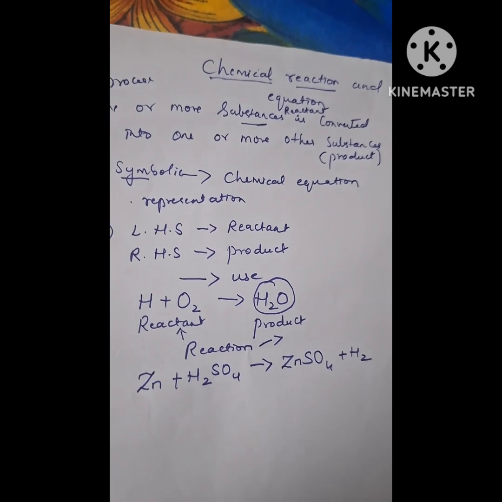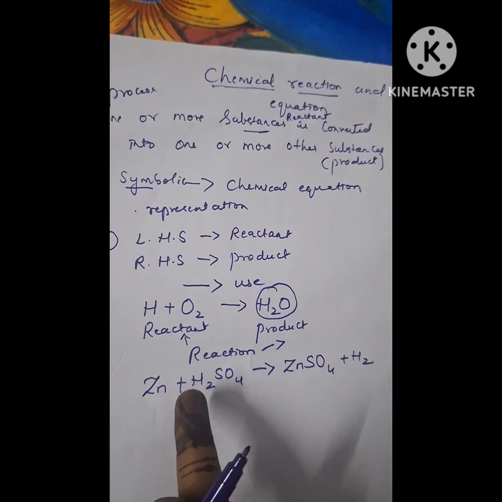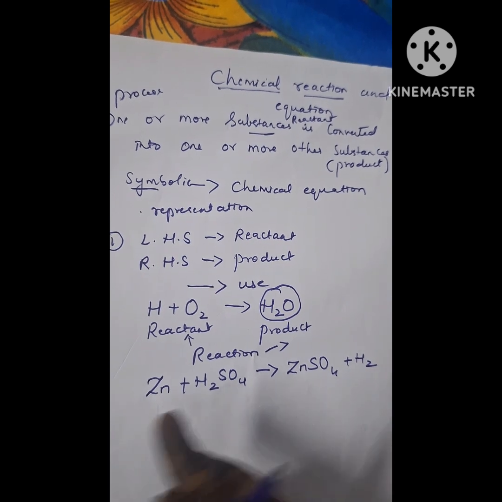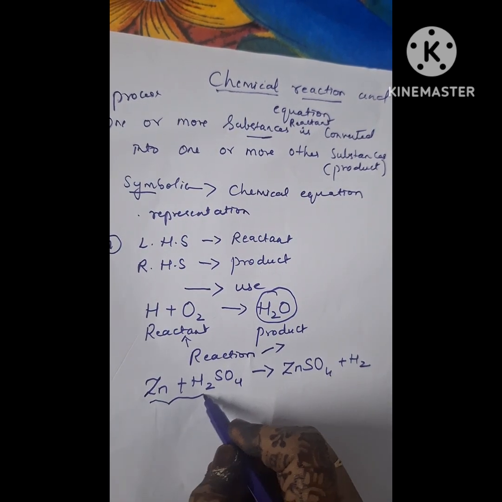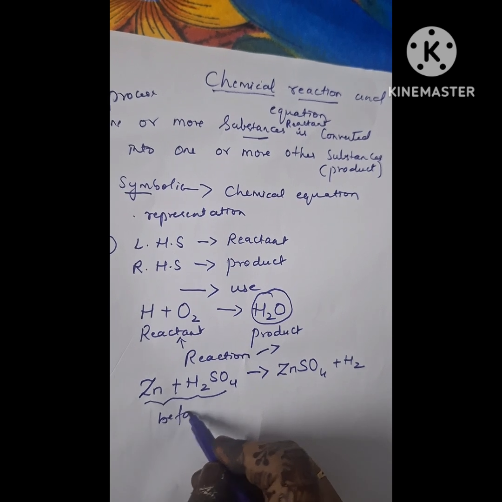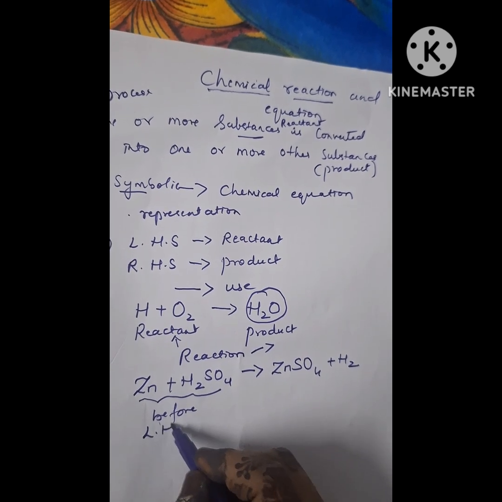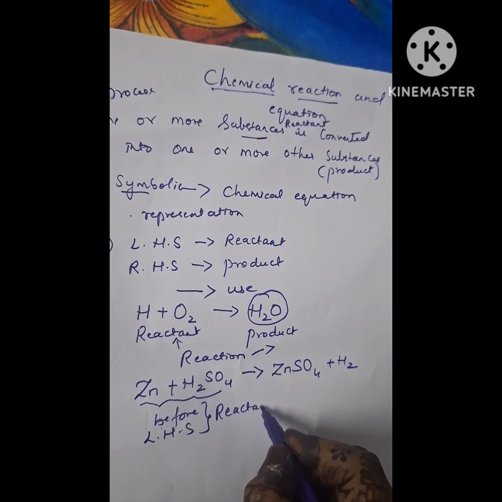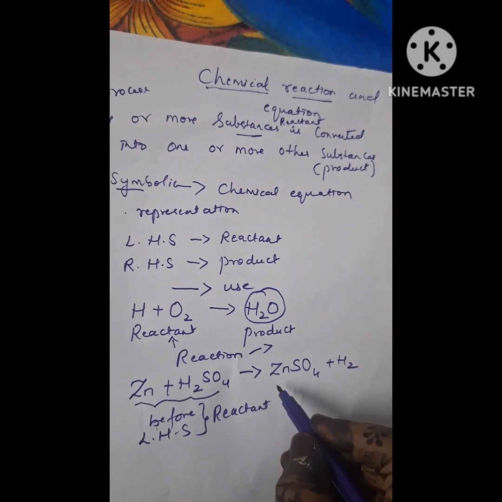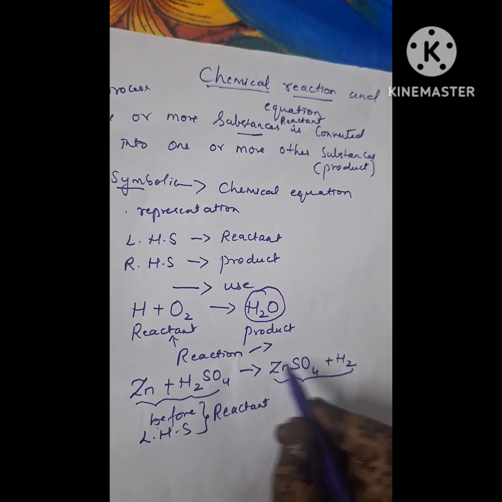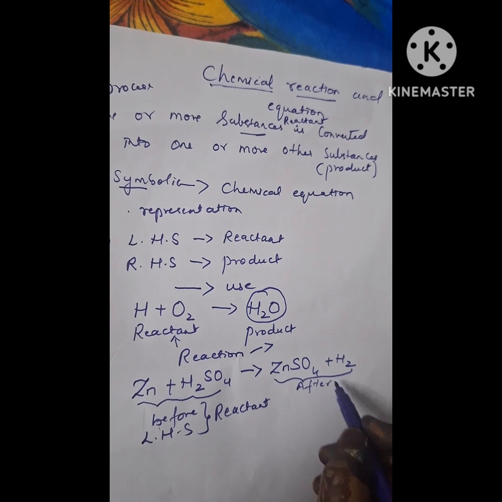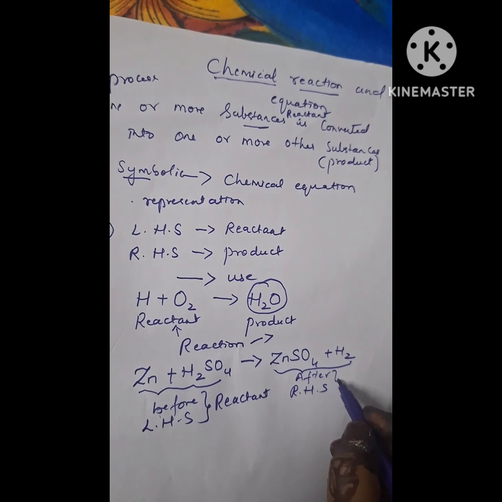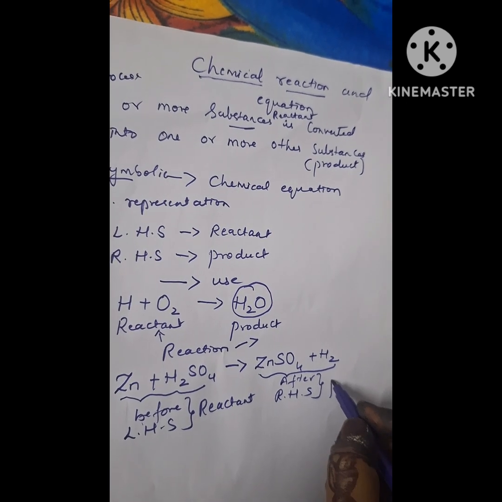You can see here there are so many substances written before and after the arrow mark. Whatever is written before the arrow mark, that is on our left hand side, is considered as reactant, and whatever we write after the arrow mark on our right hand side is considered as product.